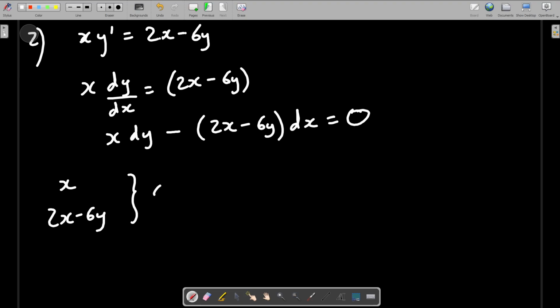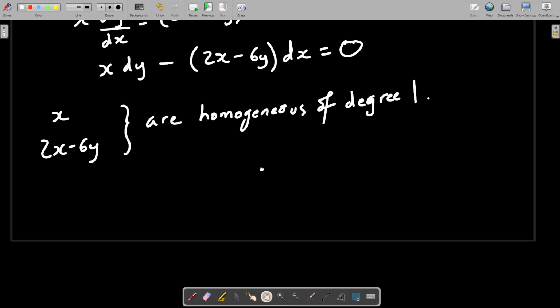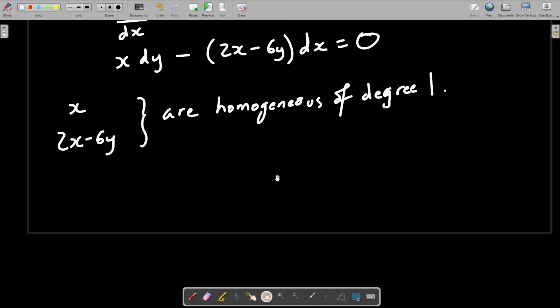So they are homogeneous of degree 1. Since this is the case, now we can go back to the original problem.